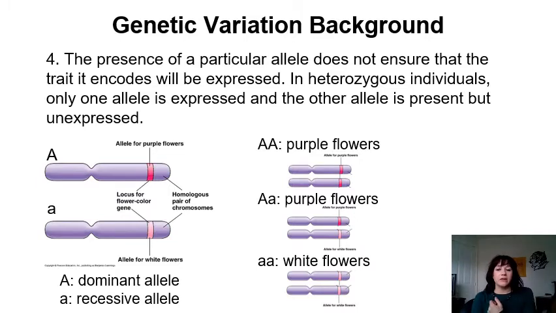In the case of heterozygous individuals, where the individual has two different alleles for the same gene, only one of them is going to be expressed. The other one is not going to be used. So in this case, the offspring is either going to have purple flowers or white flowers. It's not going to be a mixture.